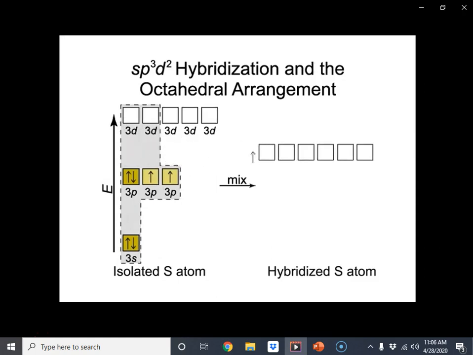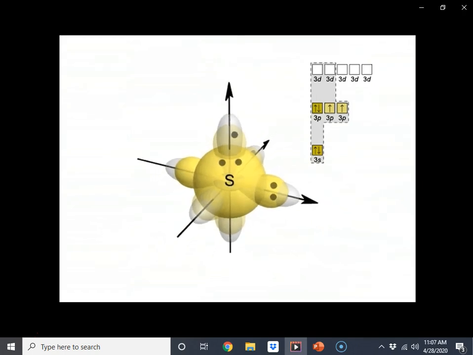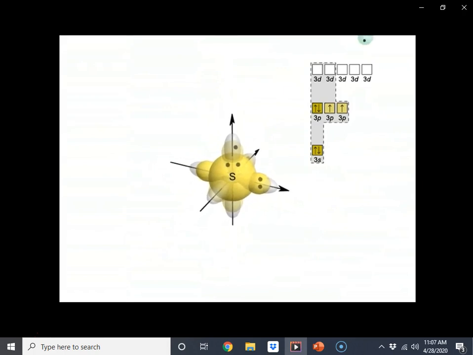We're going to call them sp3d2, and we're going to put each of those 6 valence electrons in each one of those equivalent sp3d2 orbitals. We're going to have 3 3d orbitals left over that we're not going to use for bonding. So here's our sulfur in its atomic orbital configuration with its 3s and its 3p's and one of its d's, and as a molecule, that's what it looks like.